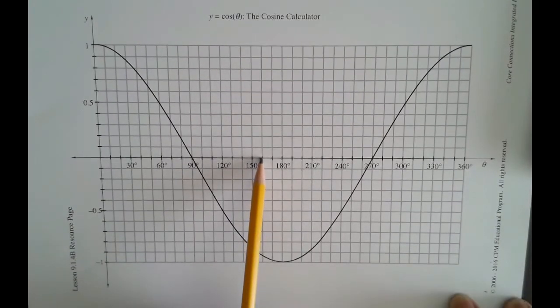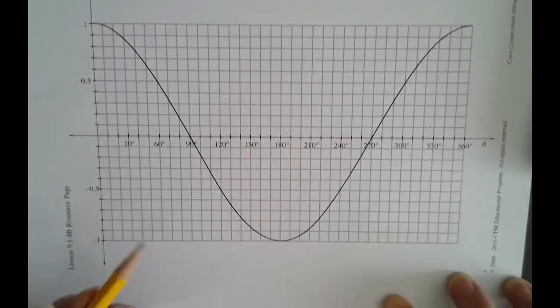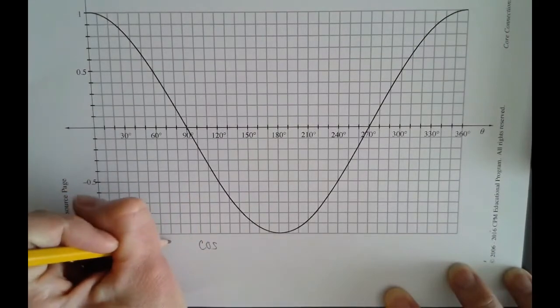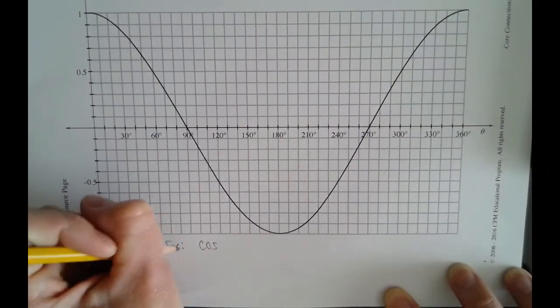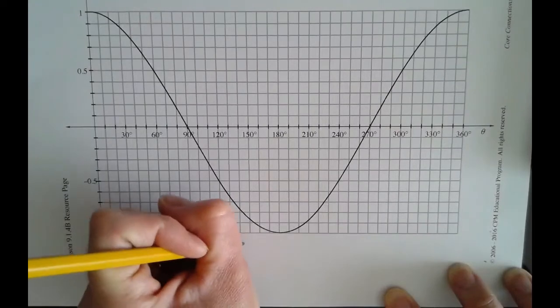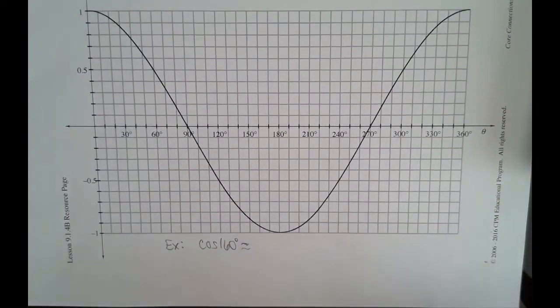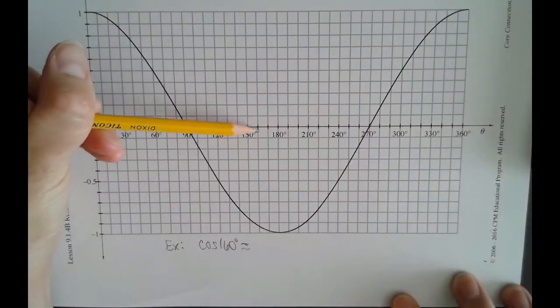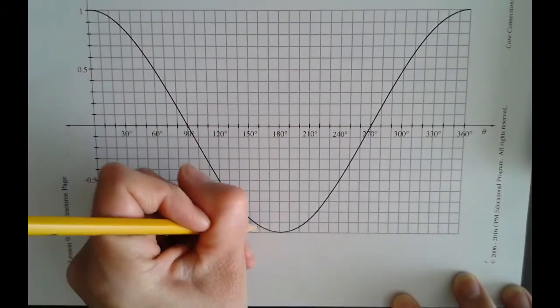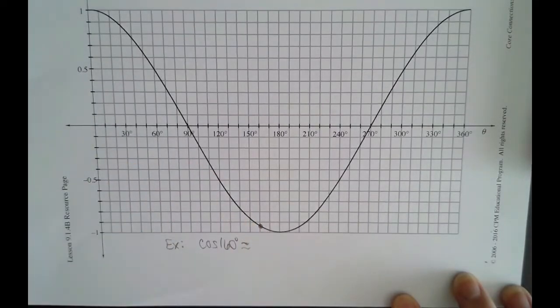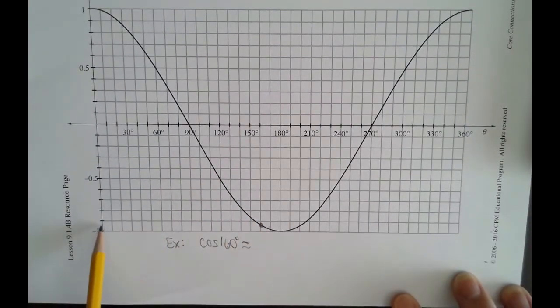If I ask what the cosine of 160 degrees is, this is an example. I'm going to say approximately equal. I don't think I did that earlier, but just a reminder, you're giving an approximate answer. You go down to the graph, and you find that spot, and you approximate what that decimal is.